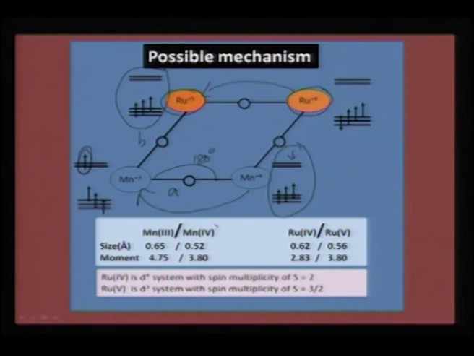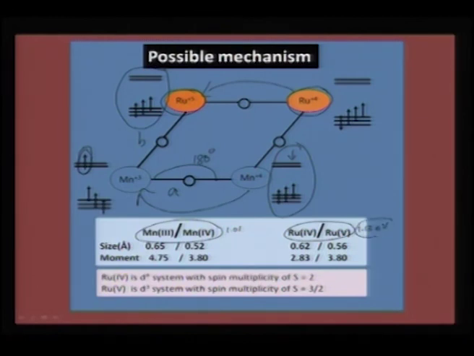Not only that, the coupled manganese 3 4 has a size which is comparable to that of manganese 4 5, and also both have a comparable redox potential. In this case, the redox potential for this is 1.01, and in this case it is 1.13 eV.